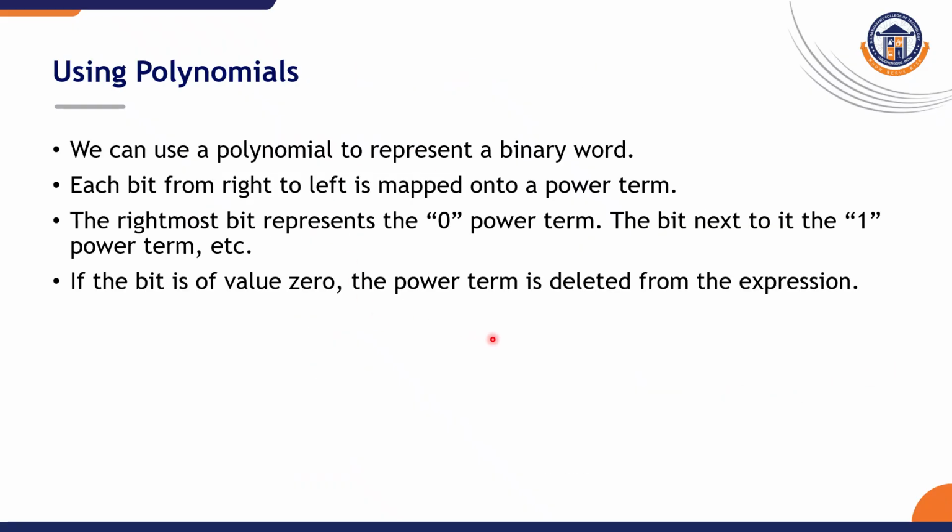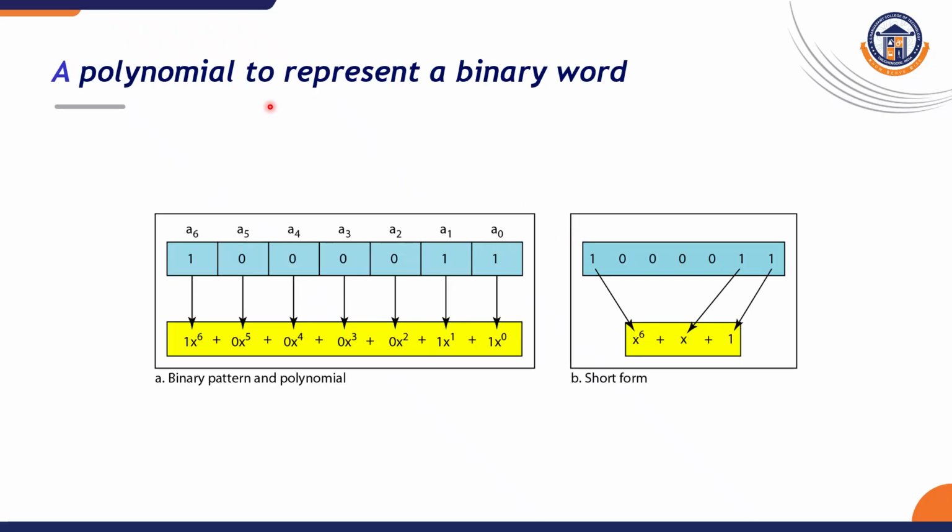We can represent the CRC operation by means of a polynomial. How to represent a binary word as a polynomial? If the binary word is 1000011, we multiply each coefficient from a0 to a6: a0 is multiplied with x power 0, the coefficient a1 is multiplied with x power 1, and the a6 coefficient 1 is multiplied with x power 6.